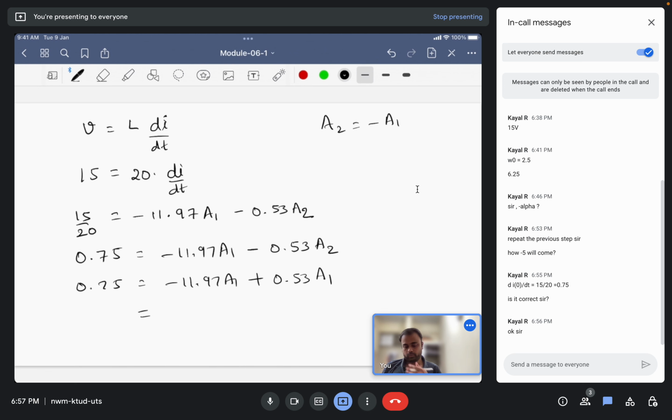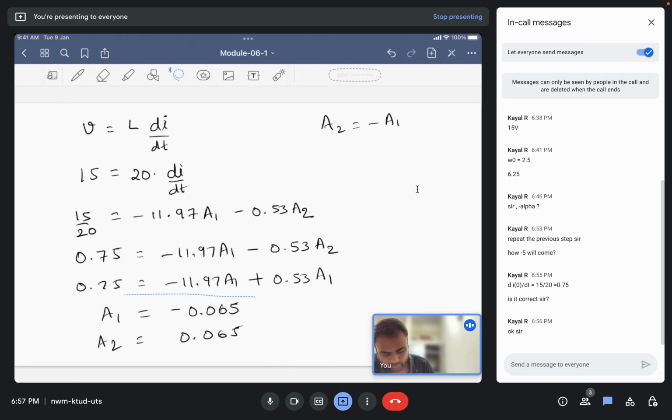This comes out to minus 0.065, so minus 0.065 is the value of A1. So A2 will be positive 0.065. So these will be the values for A1 and A2.